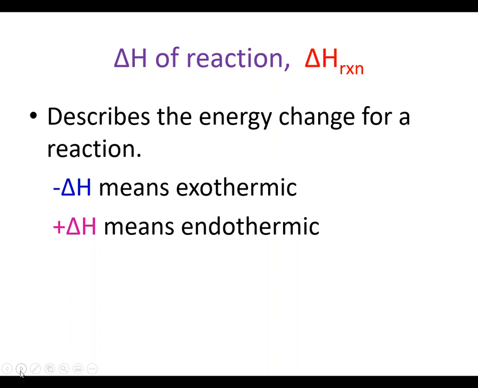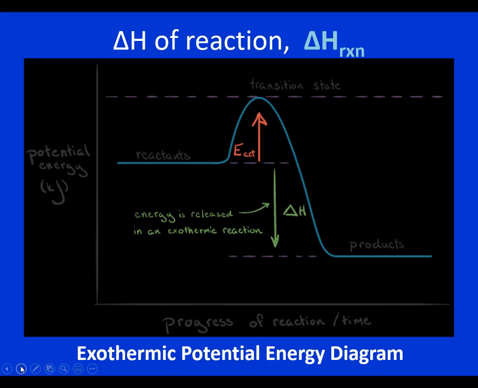If the system's losing, then delta H would be negative, because then it's being released to the surroundings. There are going to be ways of finding delta H with calculations. There's also a way of telling based off of the energy diagrams, which is what we're going to look at now, and be able to see why these actually come out the way that they do.